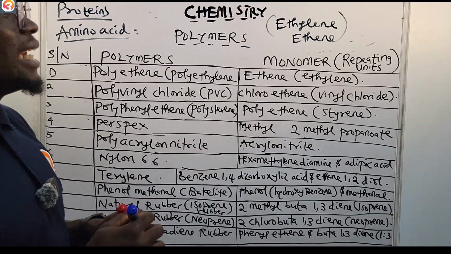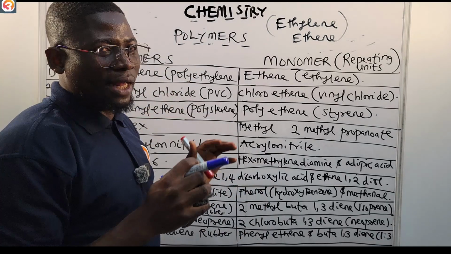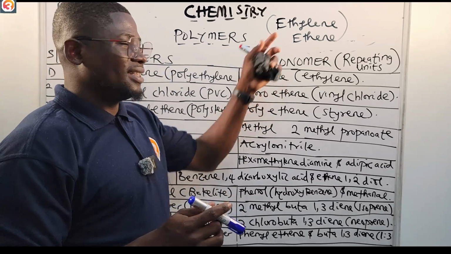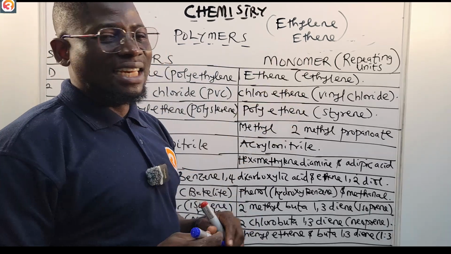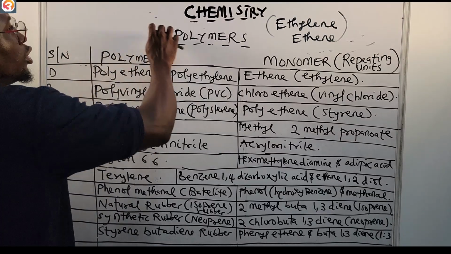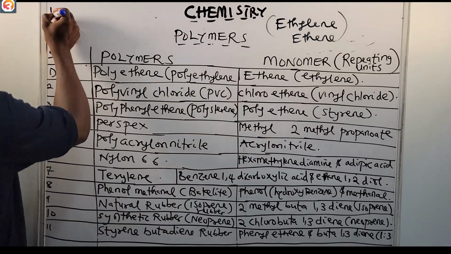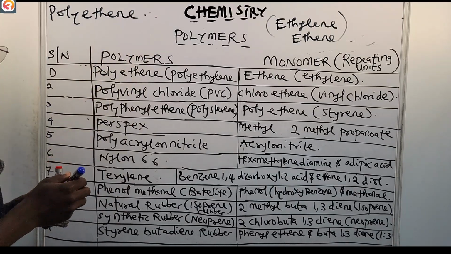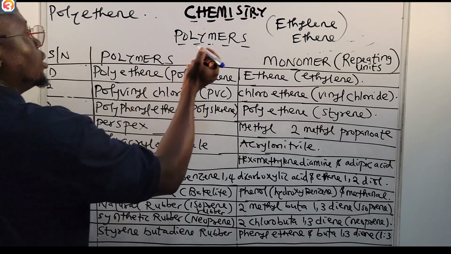This is one of the monomers that we will encounter very well when it comes to organic chemistry. The polymerization of ethene, or ethylene, gives us what we call polyethene.